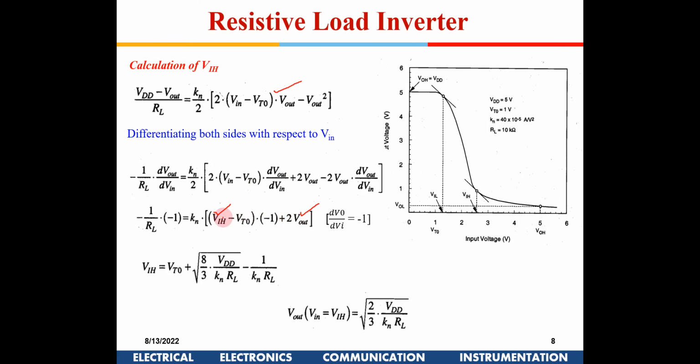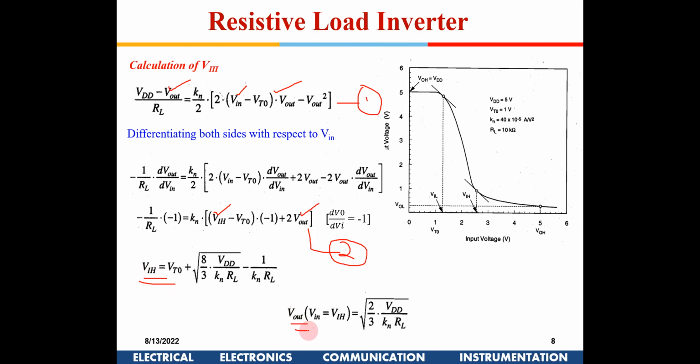So I get one equation from here. And in the topmost equation, V out is a variable and V in is a variable, so I get one more equation. I have one equation out here and the second equation out here. So I do simultaneous equation solving, and with that I will come to know VIH as well as V out. Is it okay?